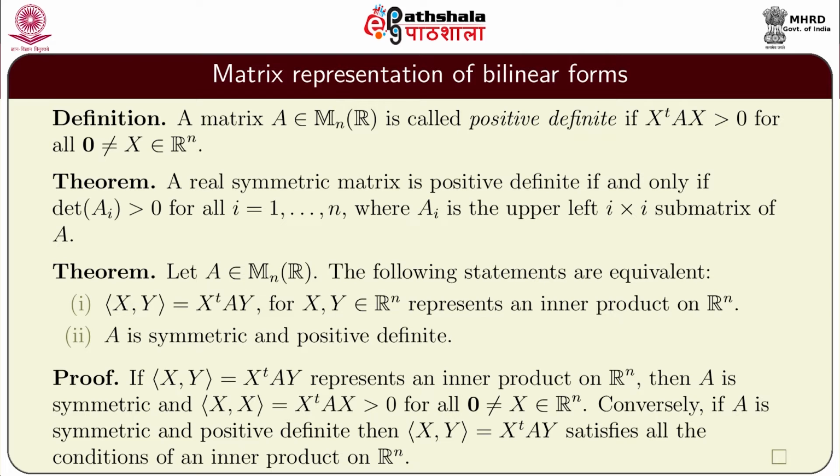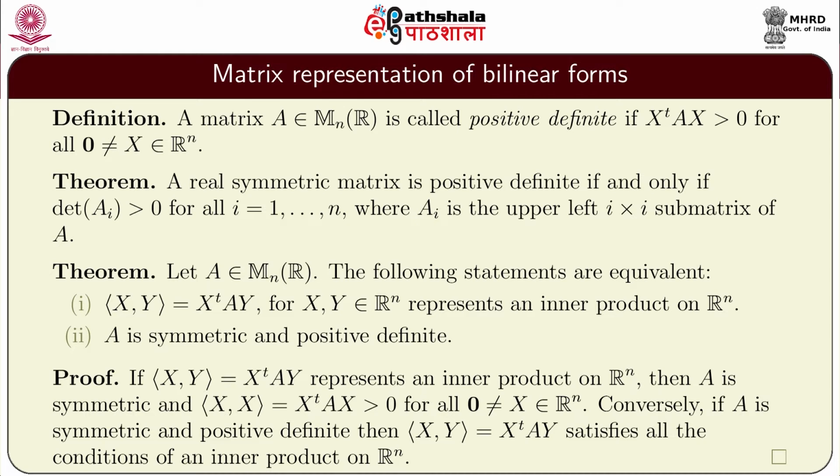So we have already seen that a symmetric bilinear form can be put in the form X transpose AY where A is symmetric, and now when the base field is the field of real numbers and the vector space is R^n, then we see that this bilinear form X transpose AY represents an inner product if we have symmetry and also the positive definite property.